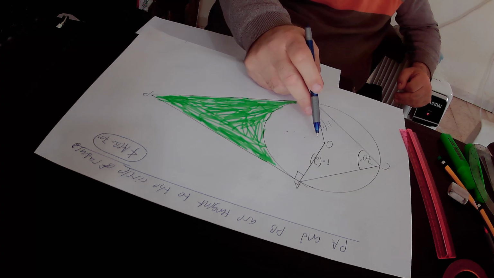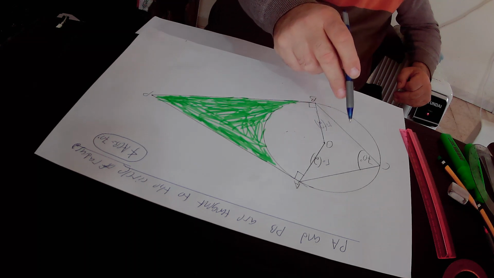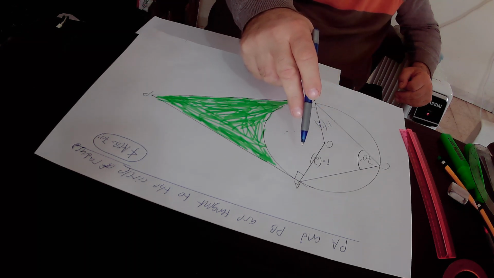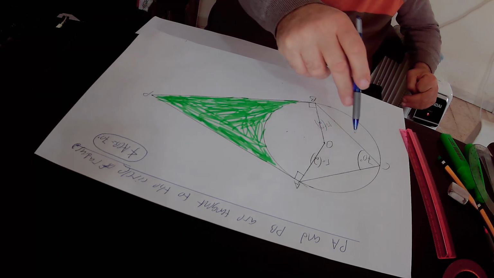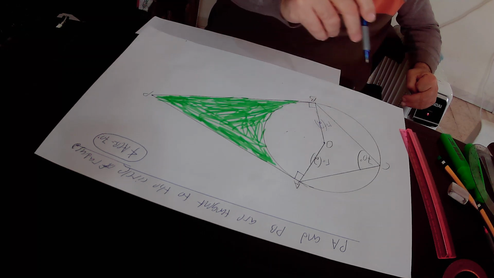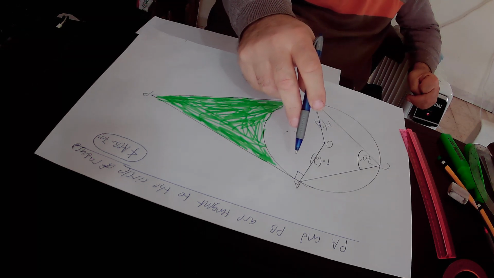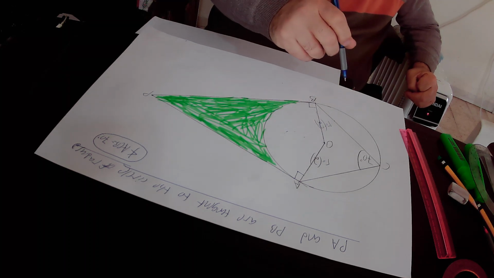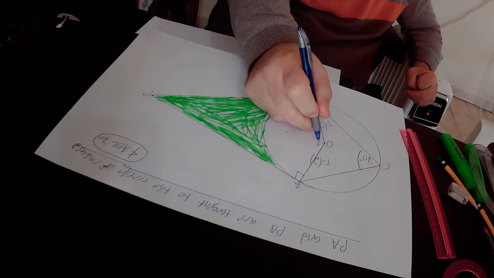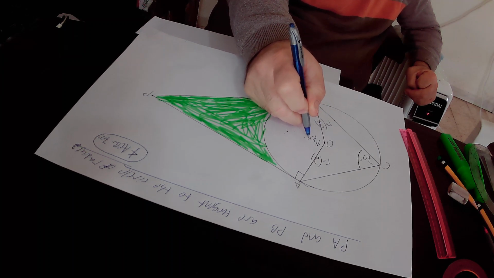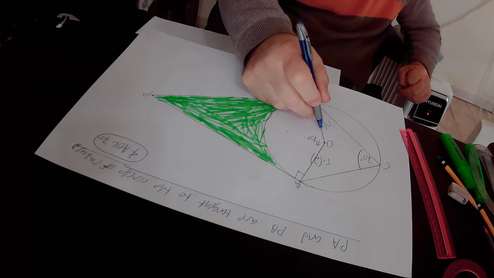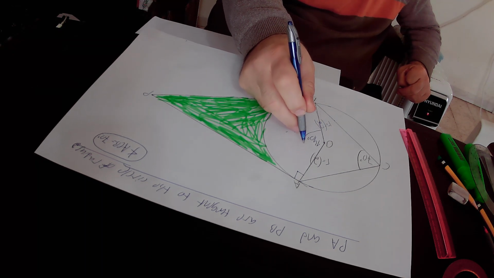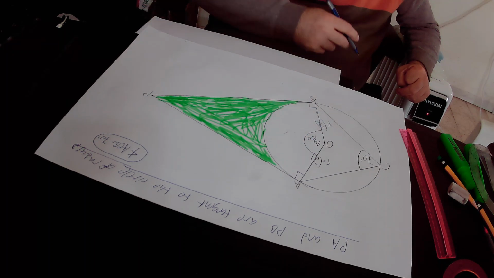Therefore, the size of the central angle must be twice as large as the peripheral angle ACB subtended on the same arc AB. And because the size of peripheral angle ACB is equal to 70 degrees, the size of this central angle AOB must be 70 degrees times 2, that is 140 degrees. It is twice as large as the peripheral angle ACB subtended on the same arc AB. So the central angle AOB equals 140 degrees in its size.